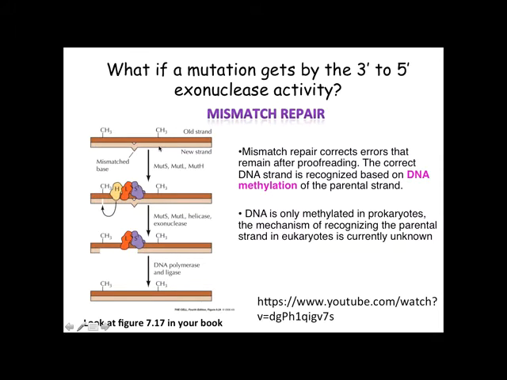So right after replication, after the DNA polymerase has inserted an incorrect base and has finished its replication, this complex comes in and recognizes that there's an incorrect base and looks at which strand is methylated. When it sees that there is an incorrect base and it can determine which strand is methylated, it cuts out a large part of the new strand, including the place where there is an incorrect base, and it inserts a primer.